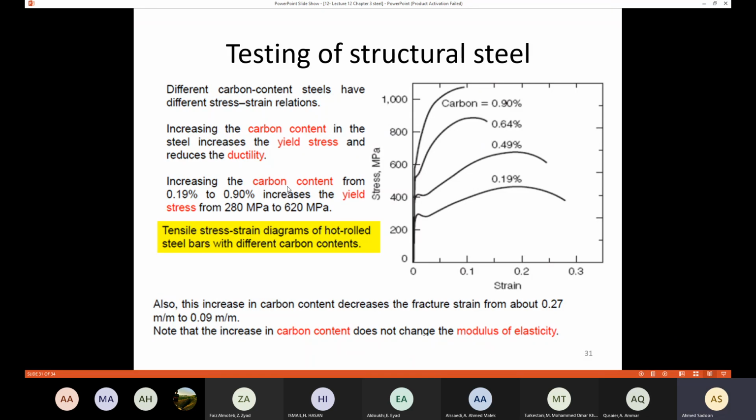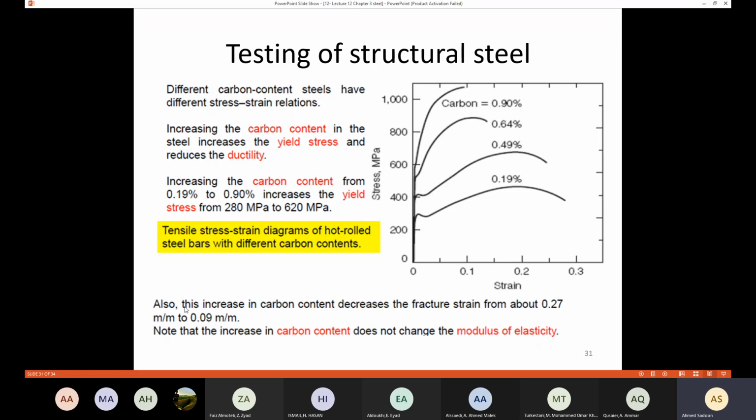So increasing the carbon content from 0.19% to 0.9% is going to increase the yield strength from 280 megapascal to 620 megapascal.